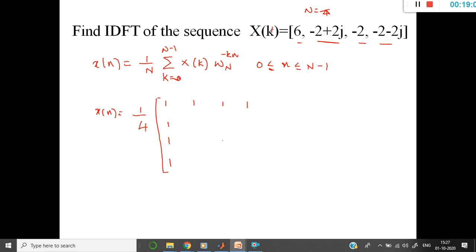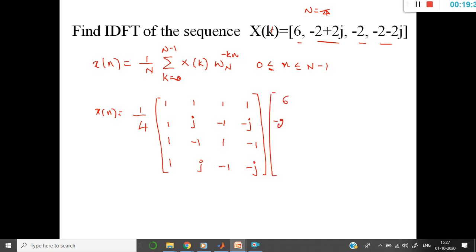So here this will be plus 1, minus 1, minus 1, minus 1, minus 1. Then again this becomes plus j, and this becomes minus j. This becomes plus j, and this becomes minus j, followed by your input X of k sequence.